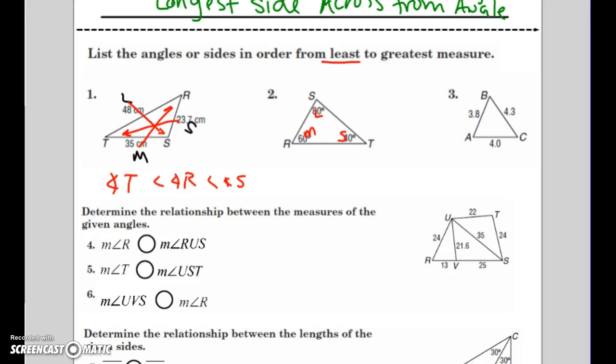And now I want from least to greatest. My smallest side is the one across from my smallest angle. That is side RS. And then my medium one is the one across from it, that would be side ST. And my largest one would be side RT. So RS is less than ST, which is less than RT.